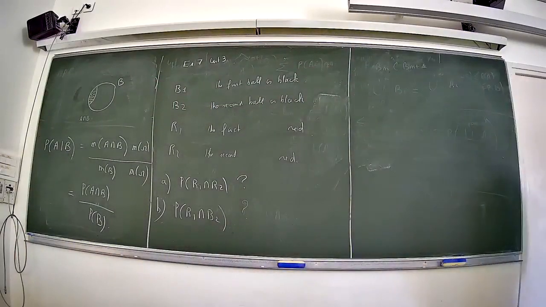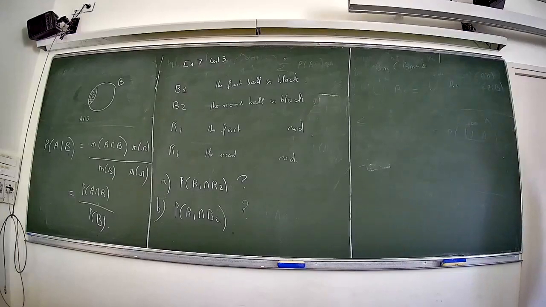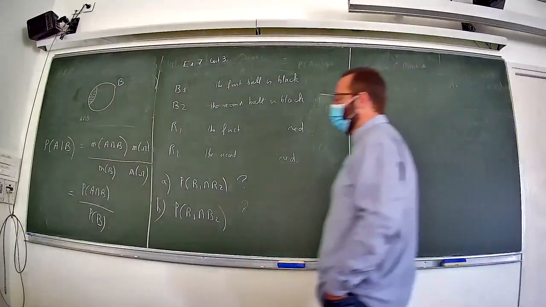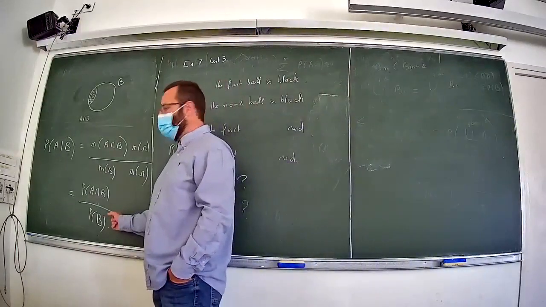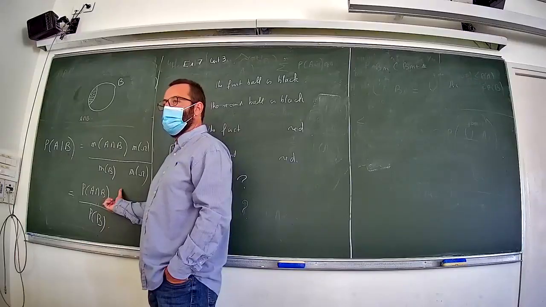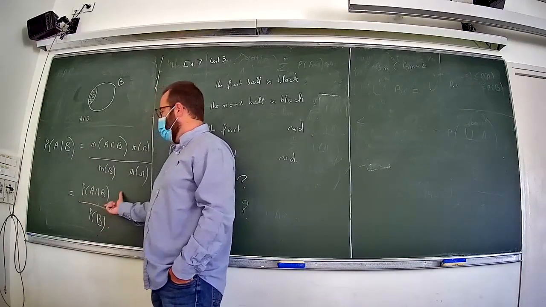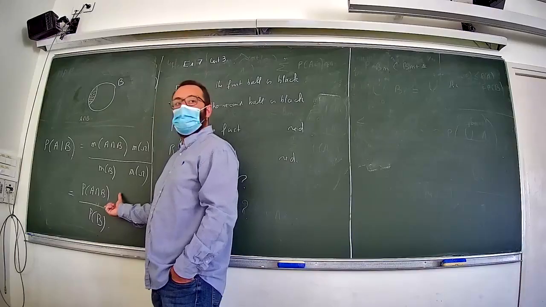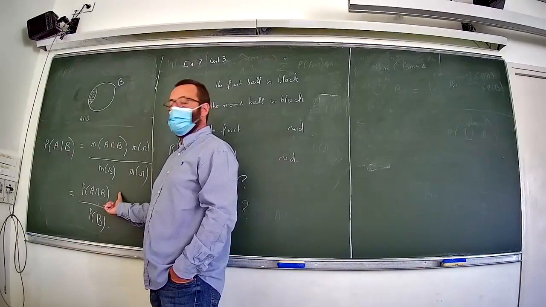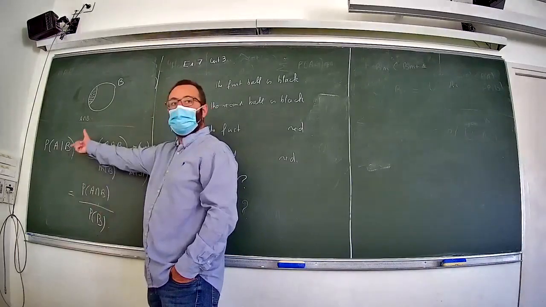Okay? So I want to compute this. If I have a look at the formula on the left part of the board, I have the intersection here. And in fact, using the definition of the conditional probability, I can express the probability of the intersection using the conditional probability.